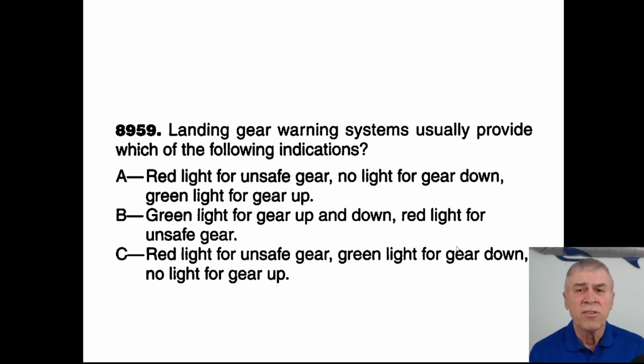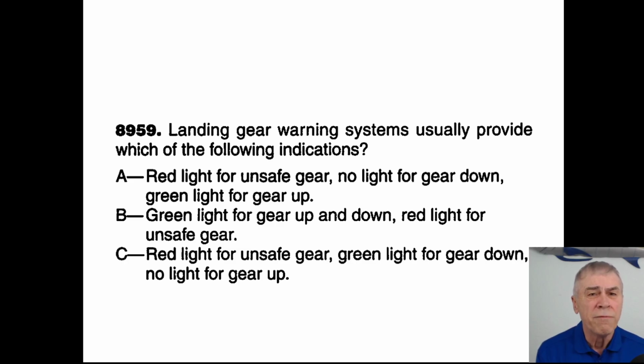Landing gear warning systems usually provide which of the following indications? A, red light for unsafe gear, no light for gear down, and green light for gear up. So I guess we're going to have to think about this one a little bit. The options are going to be gear up, gear down, and unsafe gear.